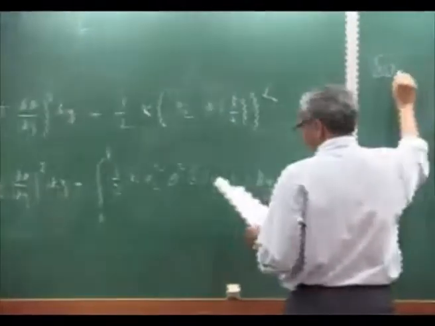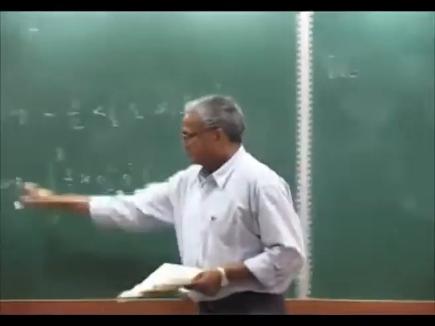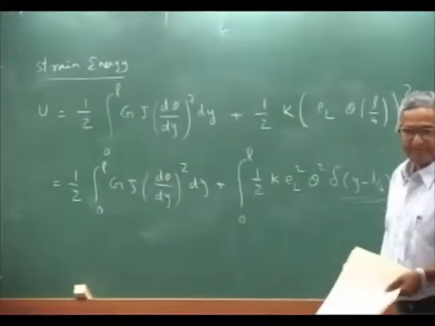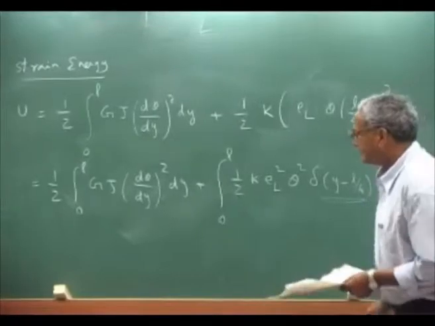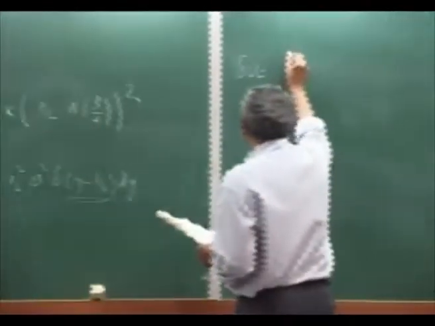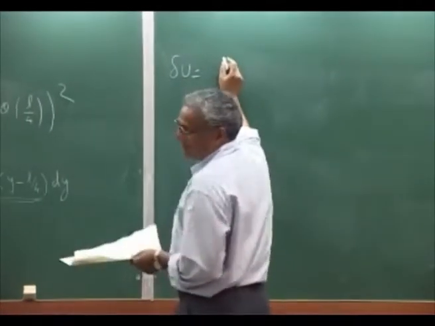Now you can write what is delta U. The variation in strain energy is, you will take the variation here, and then it will be integral, half will go off.